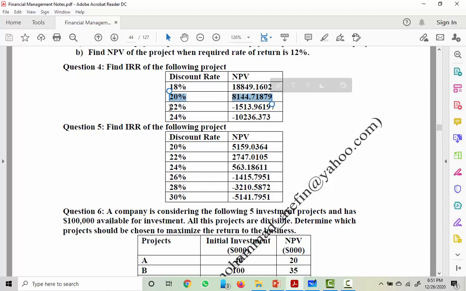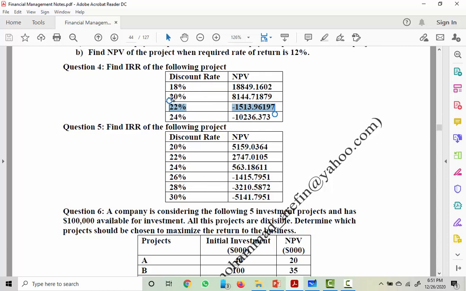And then again here we have two negative NPVs. Among these two negative NPVs, this one is closer to 0.